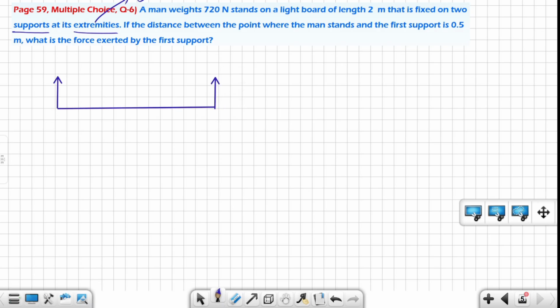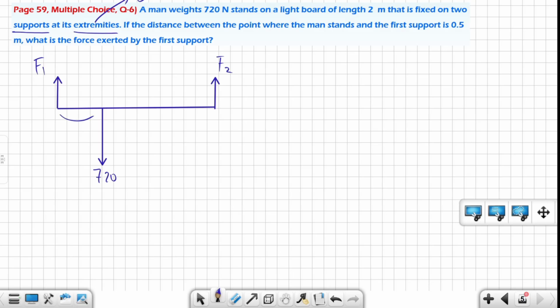If the distance between the point where the man stands and the first support is 0.5 meter, what is the force exerted by the first support? I will name this side as first support, and I will name this side as the second support. And since the man weighs 720 Newton, I will draw it downward because every weight is downward.